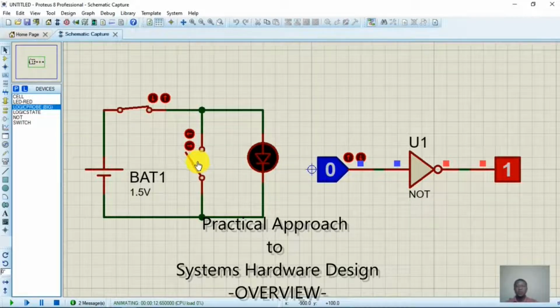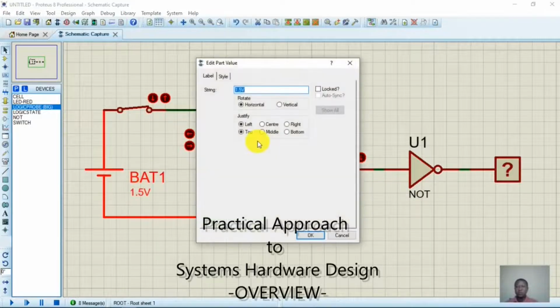I'll increase this voltage to 3 volts, because 1.5 volts cannot light the LED.